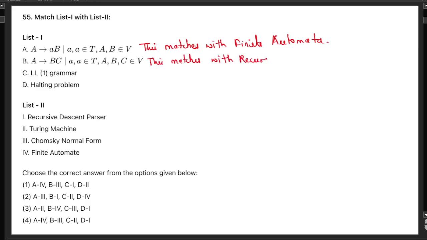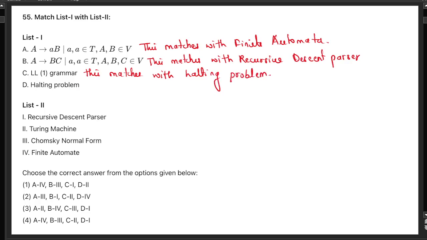Now LL1 grammar matches with the halting problem. But the option is not given here.